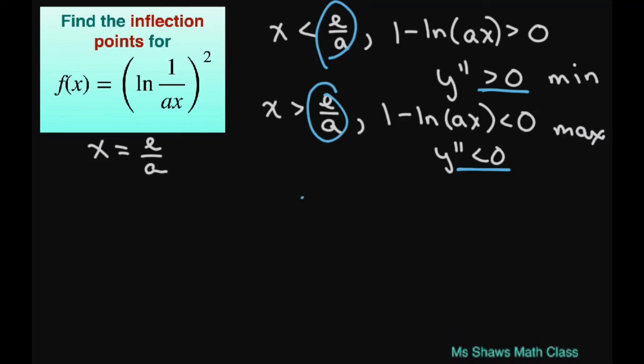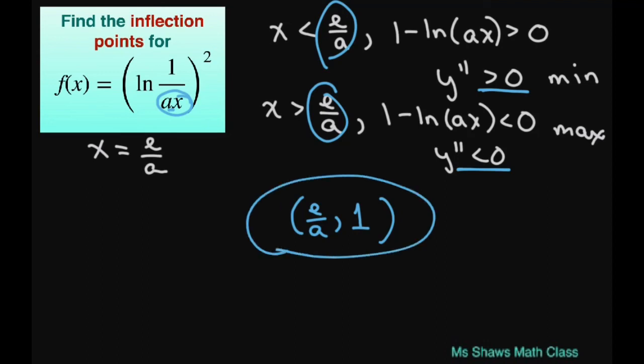That means e divided by a is an inflection point. If you substitute that into the equation here, you're going to get 1. So if you just substitute e divided by a here, that's going to give you 1. And that is your inflection point.